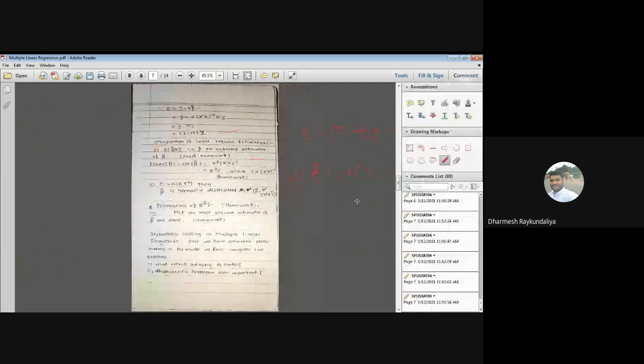Because we know the variance of beta cap is equal to the variance of X dash X inverse X dash y.